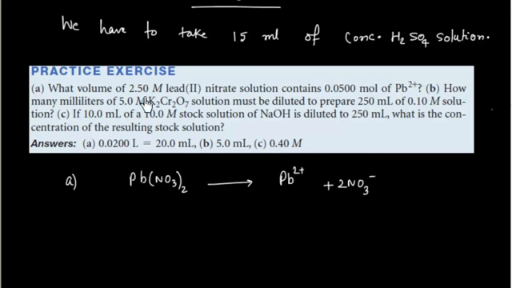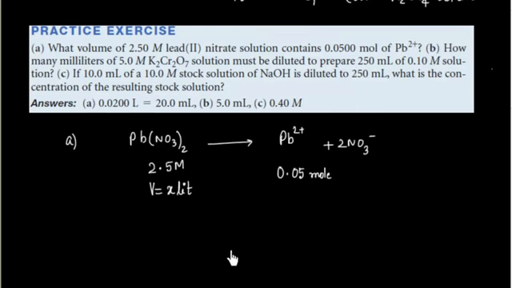We have been given lead nitrate concentration, that is 2.5 M. We have to calculate what is the volume of lead nitrate that should be taken so that it can have 0.05 moles of Pb2+.